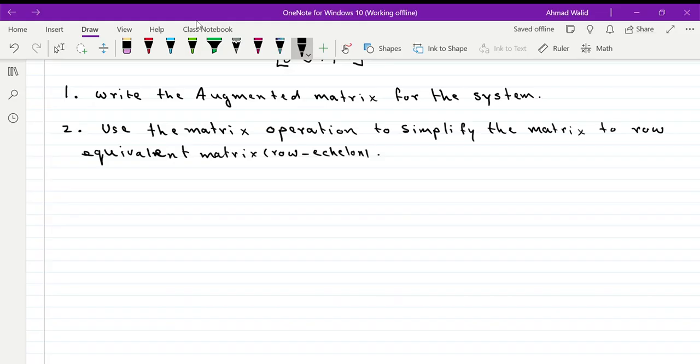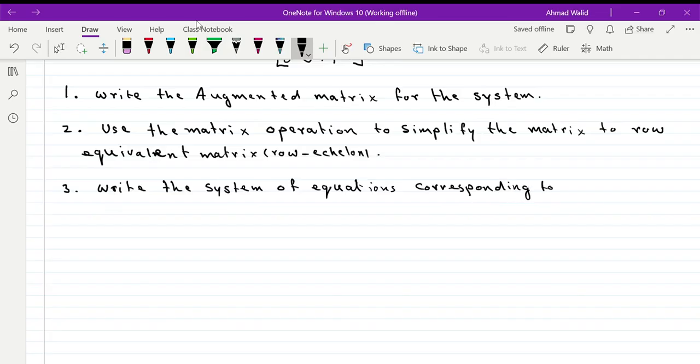Step 3. Write the system of linear equations corresponding to the row echelon form. Correct?